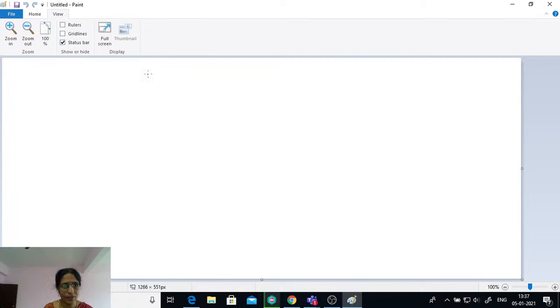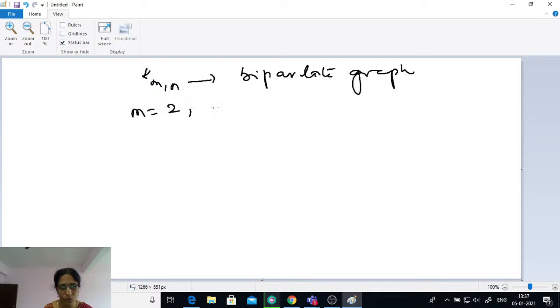So bipartite graph in the sense, suppose m comma n. This is nothing but a bipartite graph. That means here m equal to 2 and n equal to 3. Then 2 vertices in one set and 3 vertices in the other set are there. That means this is one set.